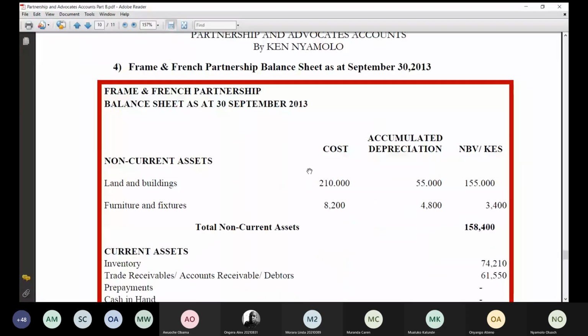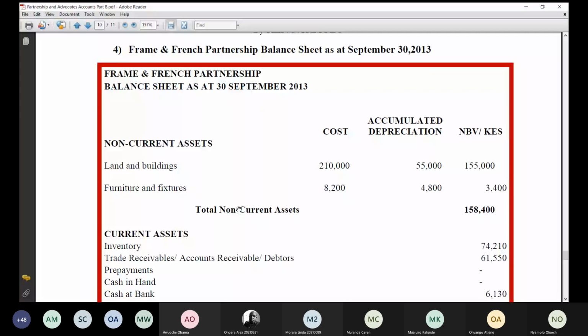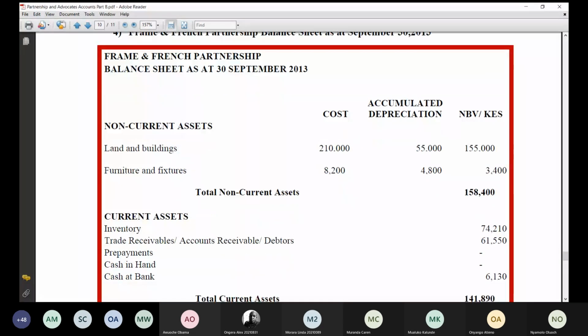So then if you come to your balance sheet, your land and buildings are given at 210, accumulated depreciation is at 55, your net book value is 155. Furniture and fittings, 82, accumulated depreciation is 24, you have 58.